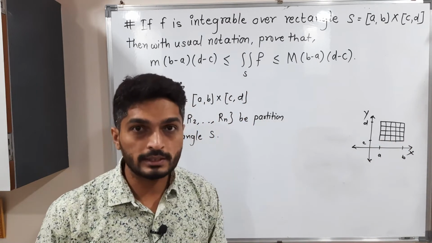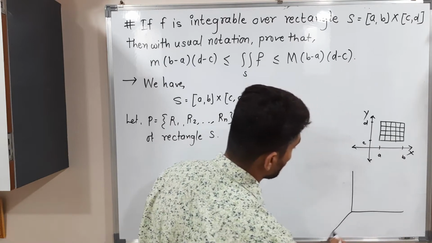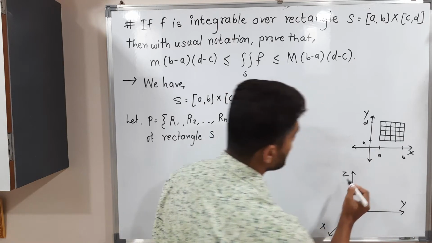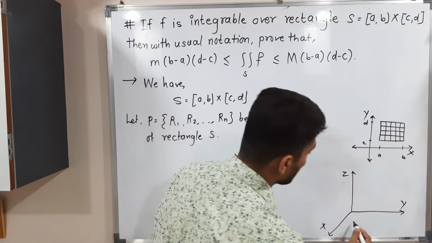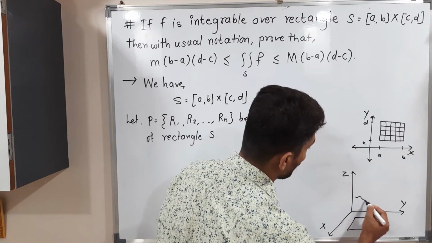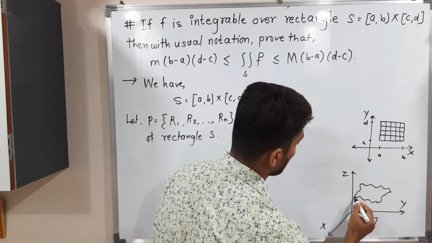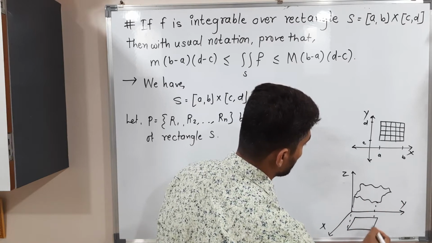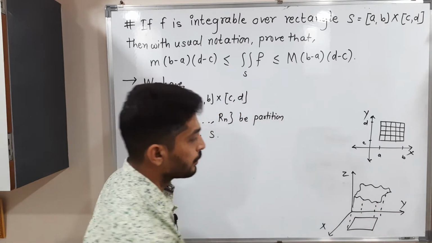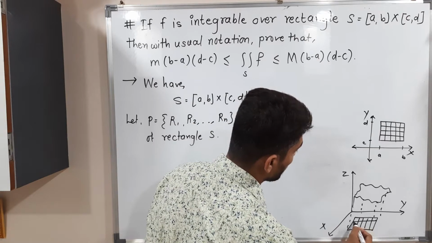Actually, in 3D, what is happening? You can easily see here. This is the x-axis, this is the y-axis, and this one is the z-axis. We have this rectangle here and some surface over this rectangle. So we divide this rectangle into some sub rectangles.